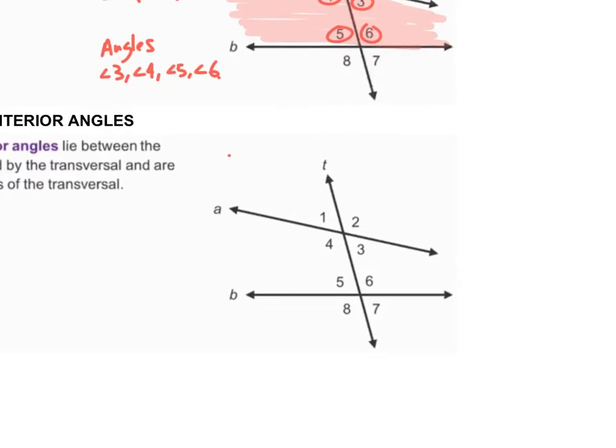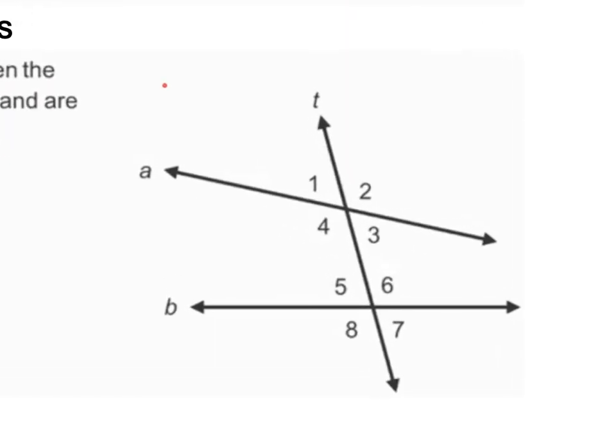transversal. So we remembered that angles 3, 4, 5, and 6, these angles here are on the interior of the two lines, okay? But if we're talking about alternate interior angles, then those angles would be 4 and 6 and 3 and 5, okay?